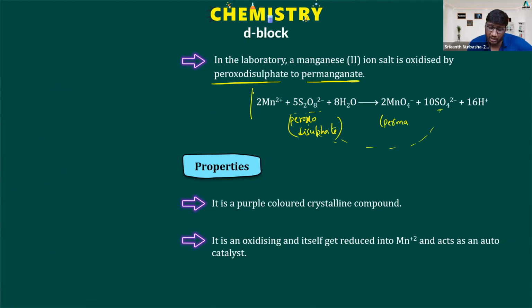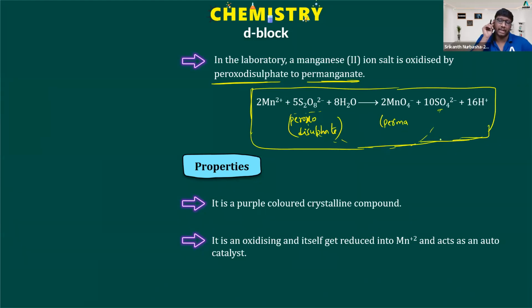In the P block, in group 16, you are going to write the structures of all the oxyacids of sulfur. There we look at how the structure of peroxodisulfate will be, how many S=O bonds there are, how many S-O bonds there are. But what we can say here is that peroxodisulfate can be converted to sulfate, and along with that it is converting Mn+2 to MnO4-.